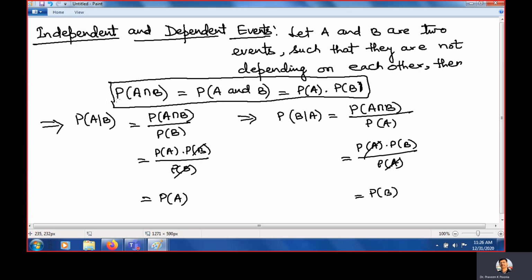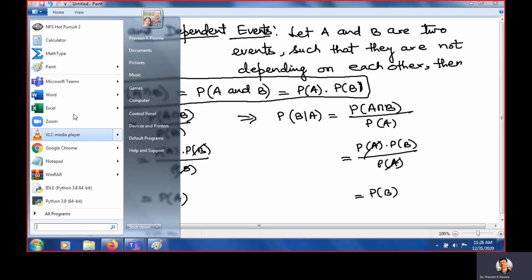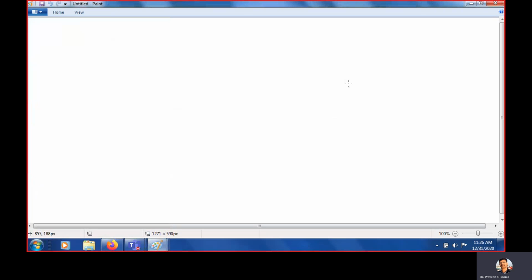This condition you need to remember for two independent events. Now I want to tell you one example. If you are throwing a coin and rolling a die, both are independent. Clear? Because rolling a die or flipping a coin, they do not impact each other.